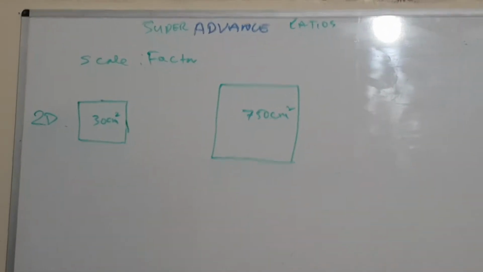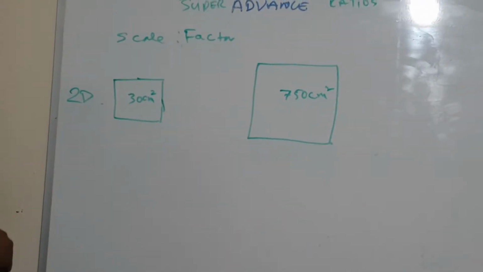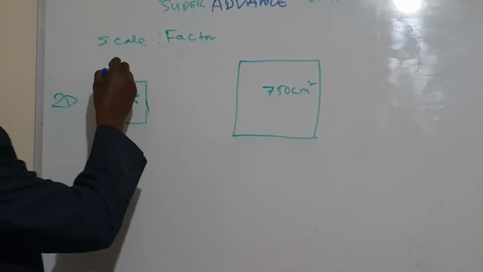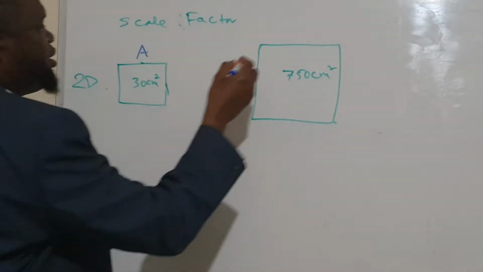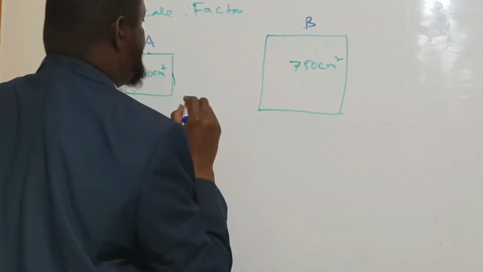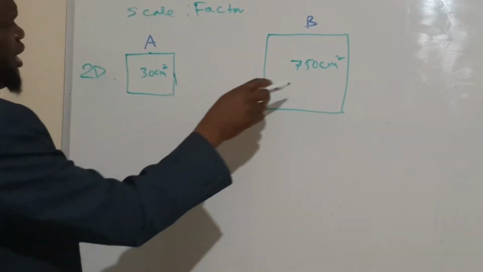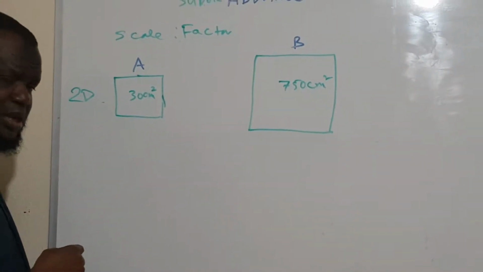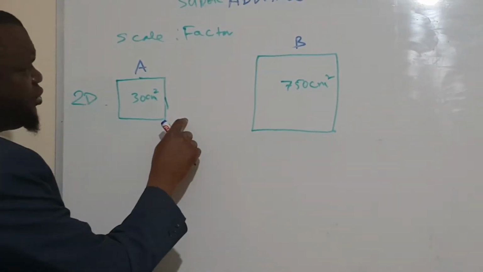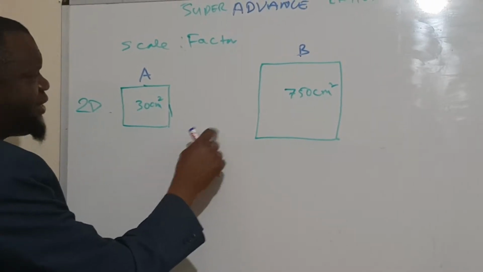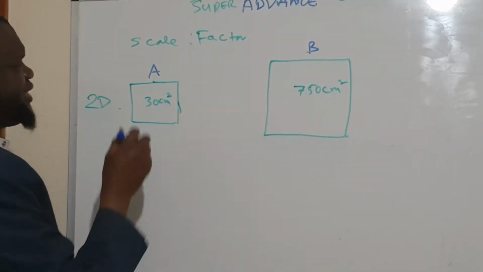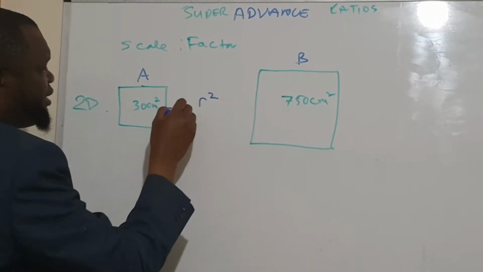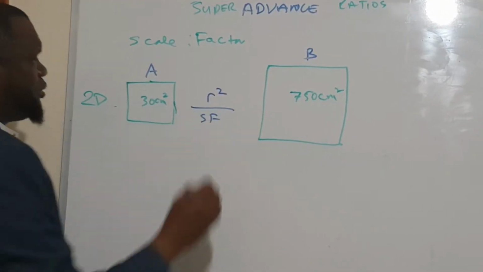Then if we call this square A and this square B, and look at how much it has been enlarged by to get that one, the scale factor is squared.